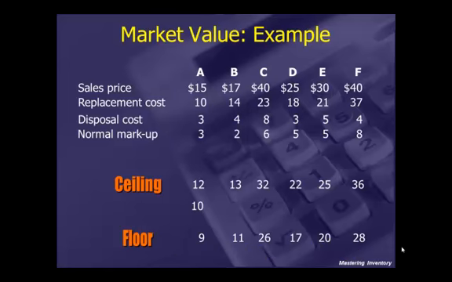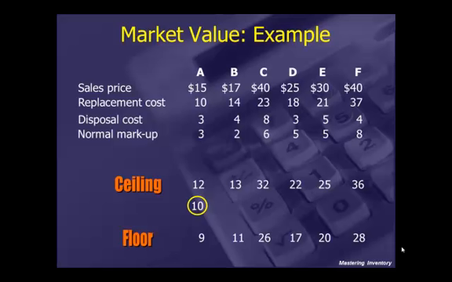Now, we're looking at the replacement cost of 10 on A. The ceiling is 12, the floor is 9, and replacement is in between. So you use the market, the replacement cost of 10.